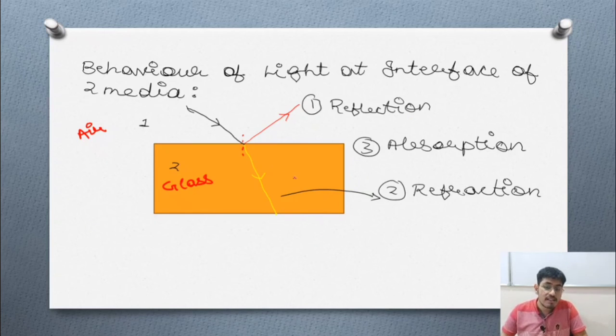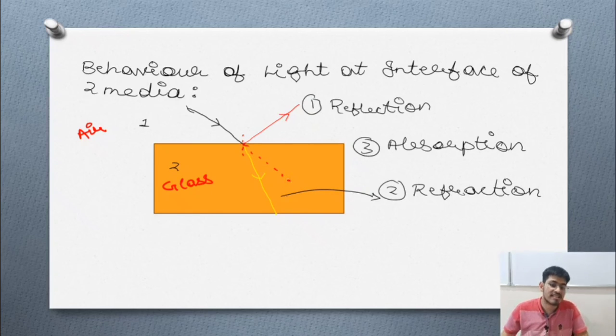The second thing is known as refraction, in which the light is incident on the second medium, and it gets inside the other medium with a change in direction. If the light was traveling without any refraction, it might have traveled something like this, but it is not traveling like this.